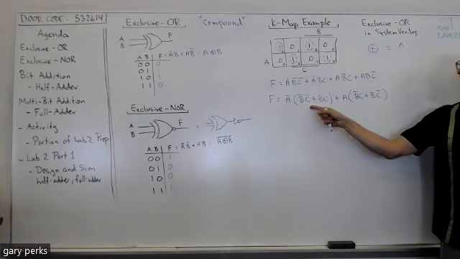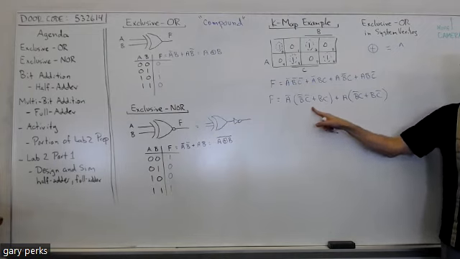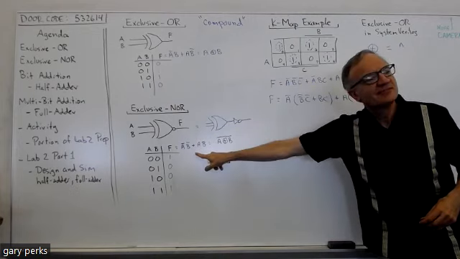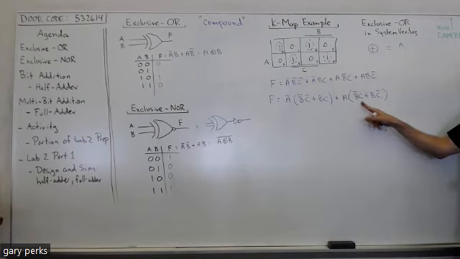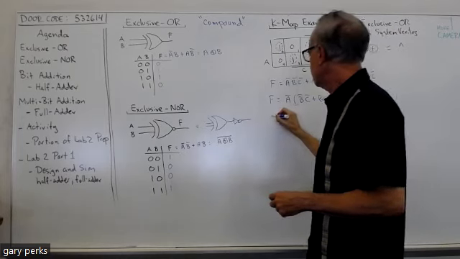Well, look inside the parentheses. What's this? That's an exclusive NOR. And what's this? That's an exclusive OR. So I could do this.